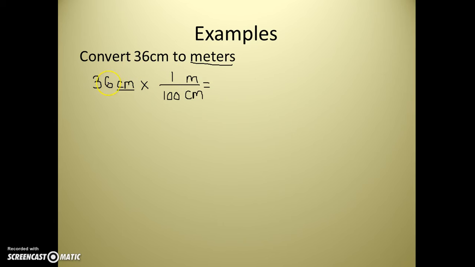So all you have to do here is divide 36 by 100, which is going to be the equivalent of moving your understood decimal here 2 places to the left so that you get 0.36 meters.